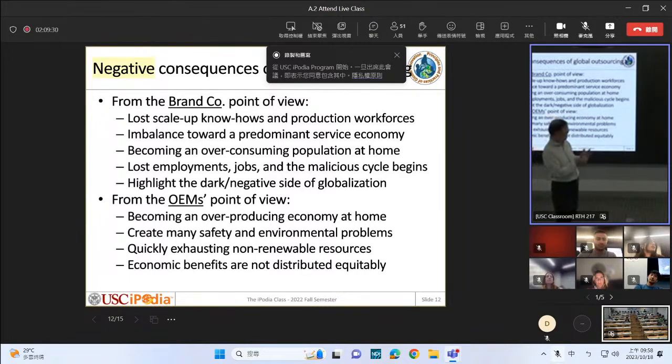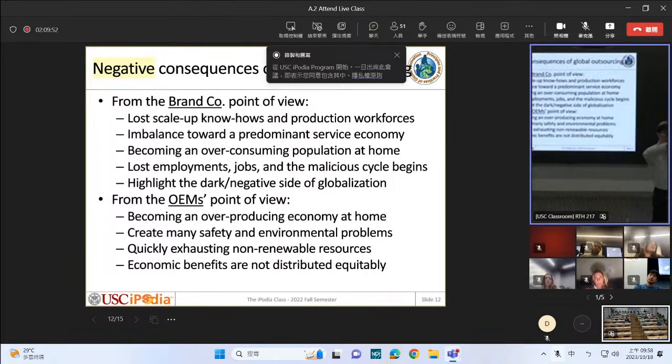That is, the economic benefit are not distributed adequately. There's a lot of people actually become very rich in this. And there's also a lot of people really suffer, become worse. As a matter of fact, this uneven distribution happens not only in each country, but also among countries.